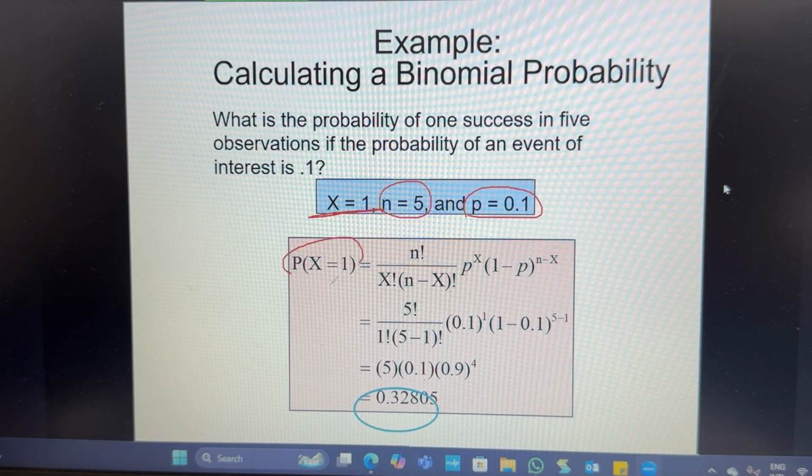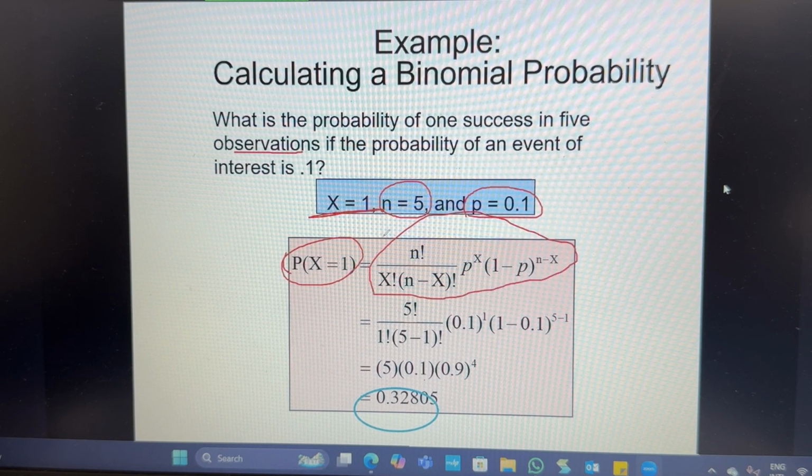If it is 2, then x equals 2. Now this is the formula, and you just substitute the values.